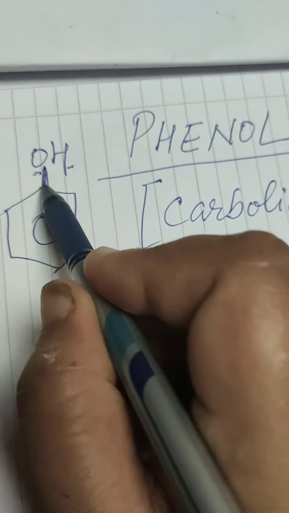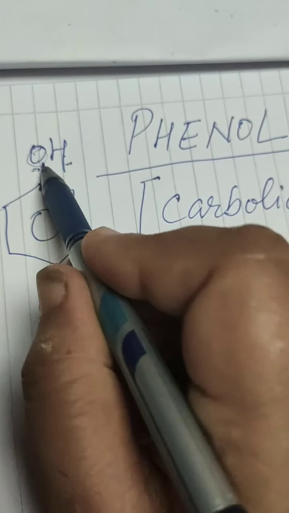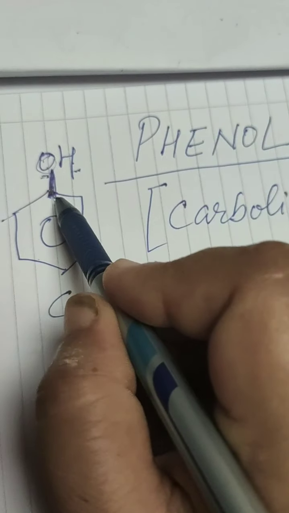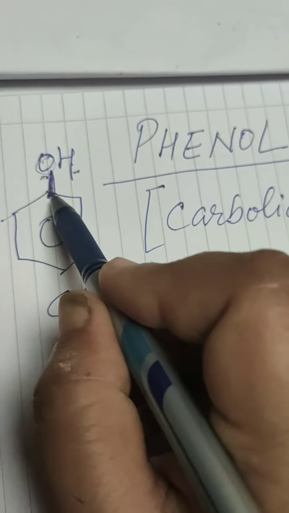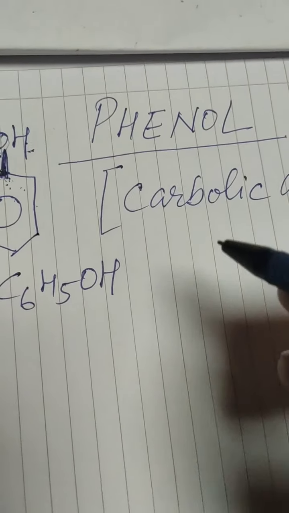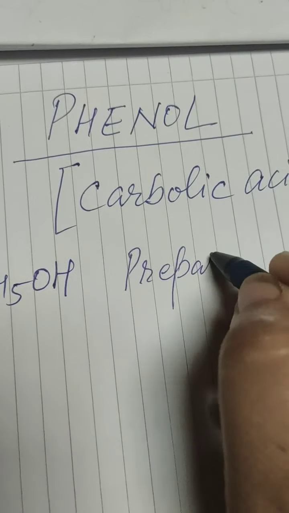This should be clear to everyone. The oxygen in the OH group is bonded to the carbon of the benzene ring, and this carbon is sp2 hybridized.